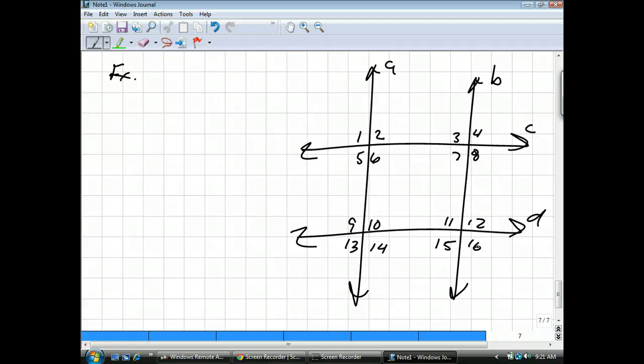So, remember that in order to identify the angles, you have to identify the two lines and the transversal and then their relationship to those two lines. So if I wanted to know the relationship between angle 2 and angle 4, okay? Oops, I'm sorry, I got ahead of myself here.